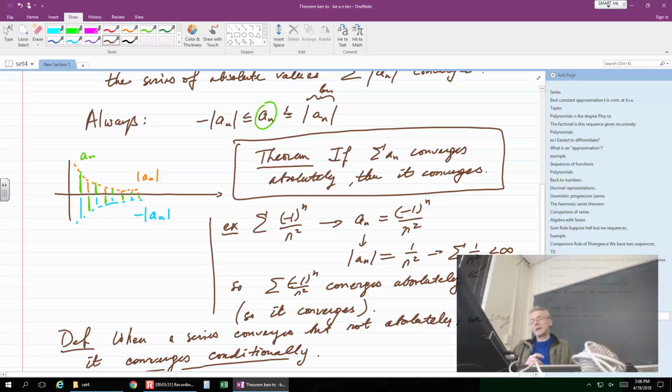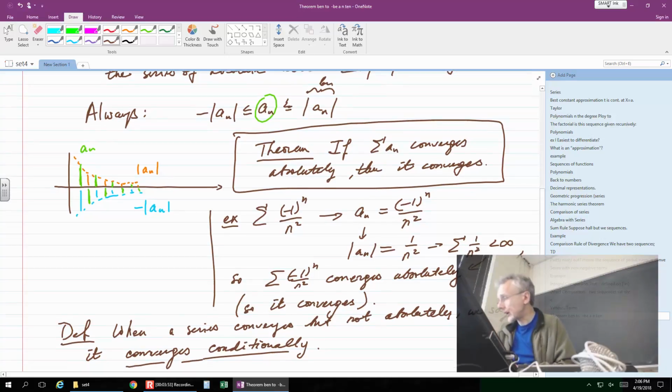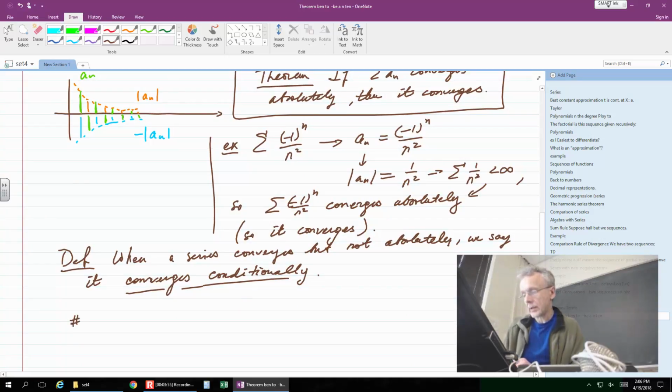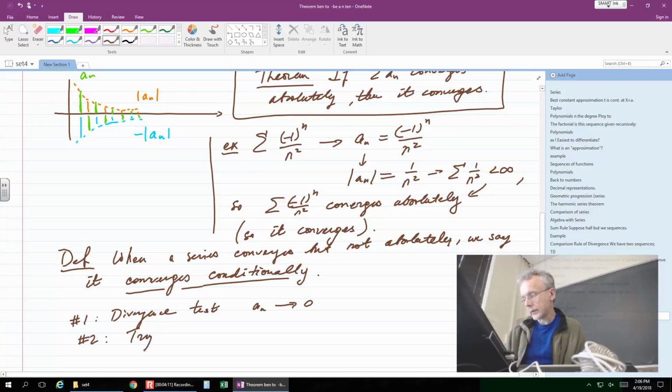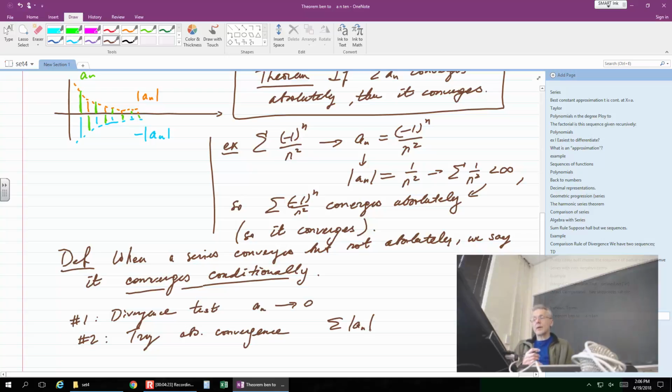So that's number one step, or rather, in a way, it is number two step. Number one step is the divergence test. Just in case, make sure that a_n converges to 0 to begin with. If it does not, then it diverges and you're done. Number two, try absolute convergence, meaning that you look at the series of absolute values, and once again, if it converges, then you're done.